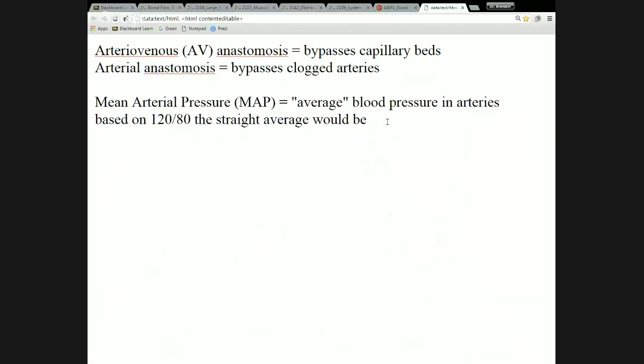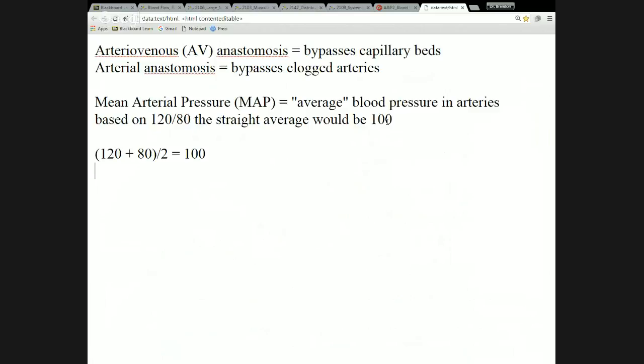It's the average of 120/80. 90? Average 120 and 80. 100? Right. So that's 120 plus 80, that quantity divided by 2, straight average, which equals 100.